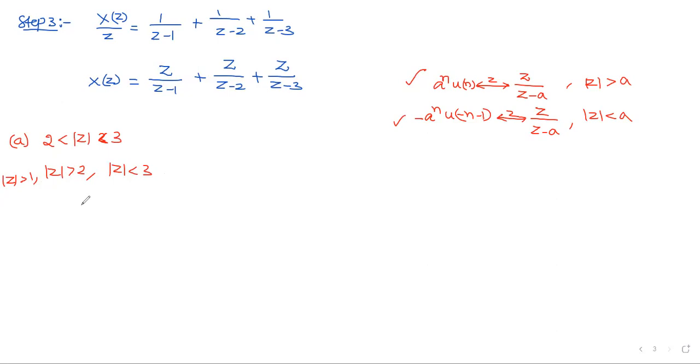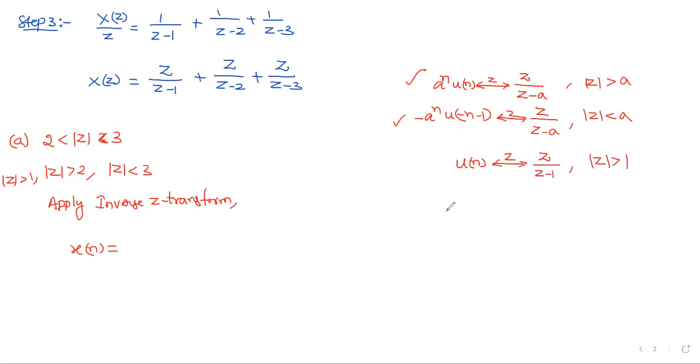By using this, apply inverse Z transform. Now what we will get here, x of n is equal to, now Z by Z minus 1. How much you will get here? U of n. Z transform is Z by Z minus 1, mod Z is greater than 1. Now let me take a value 1. If you consider, you got Z by Z minus 1.